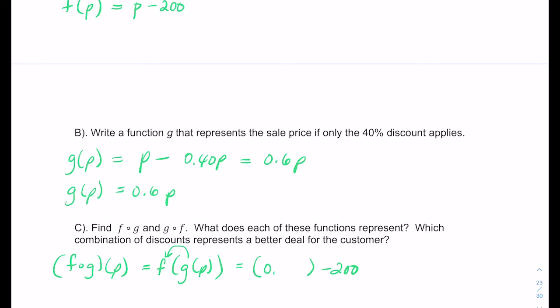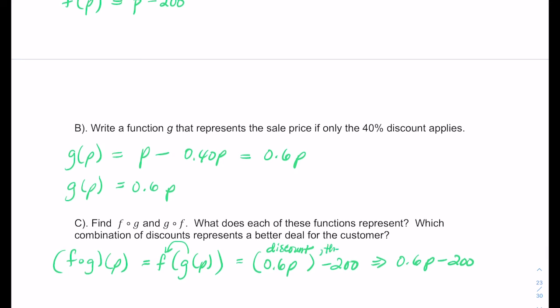So g of p is 0.6p. So really it's just 0.6p minus 200. Okay, and this represents when you take the discount off first, then the rebate. So this part is the discount. You're paying 60% of the price, then the rebate of $200.